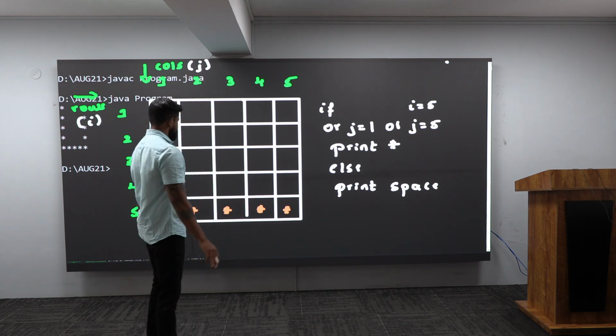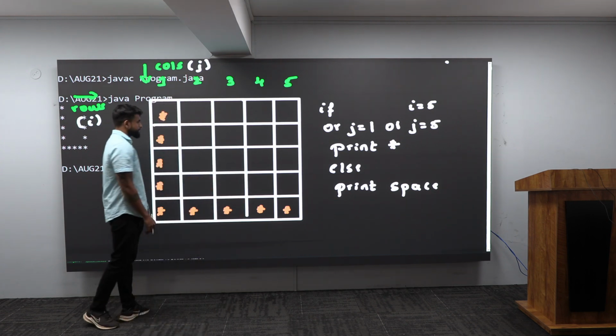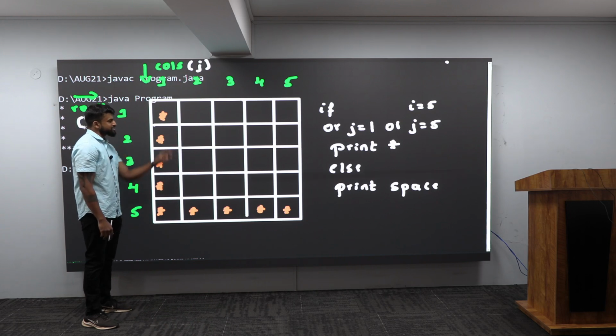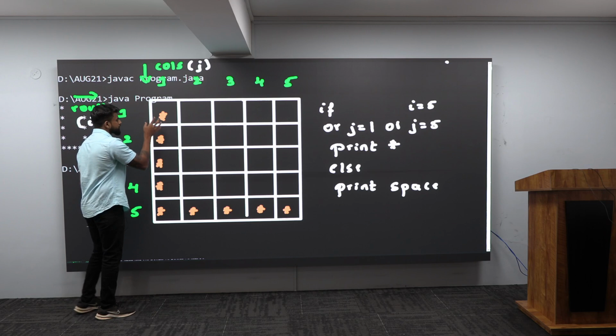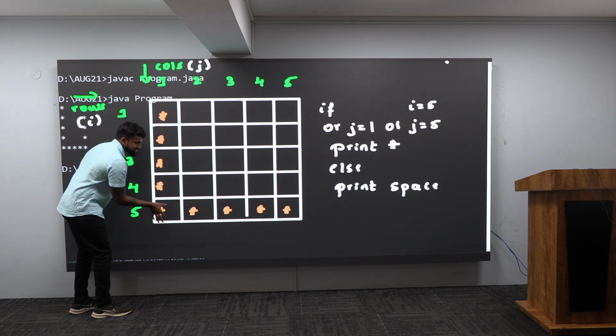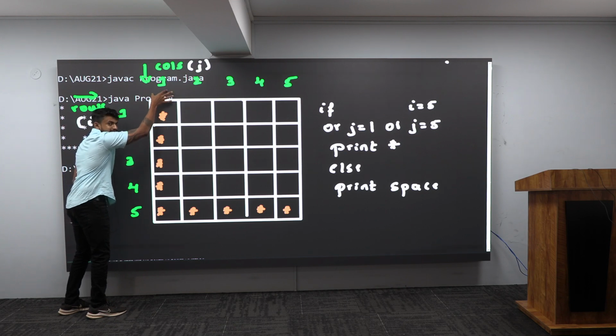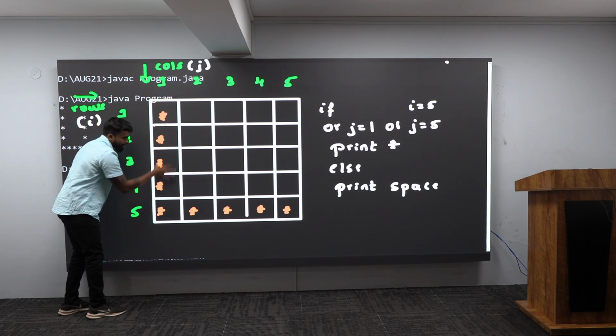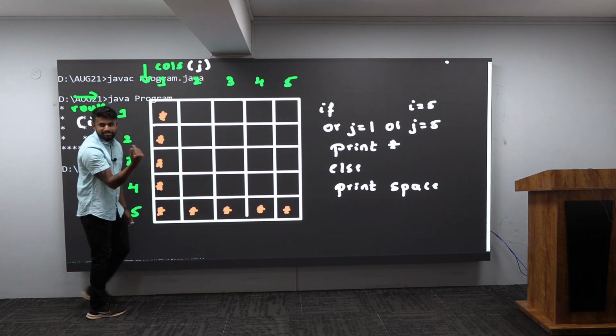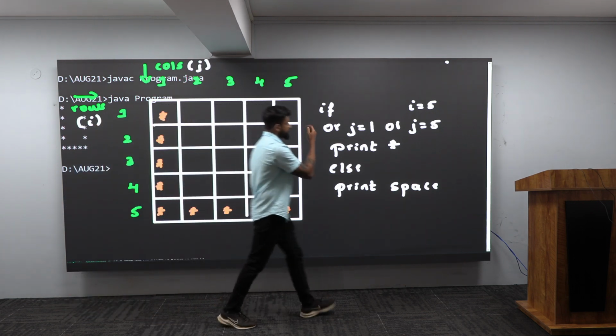Okay, anyhow, I'll speak about it later. Come here. How will you change this? Very simple. Look, when I is 5 and J is 1, you print the star and put space everywhere else, as simple as that. Now I will change the statement.